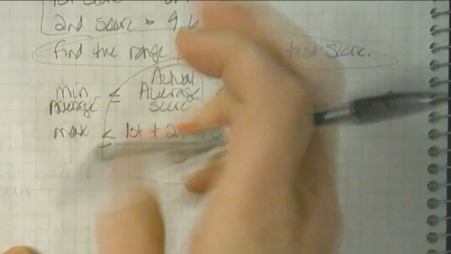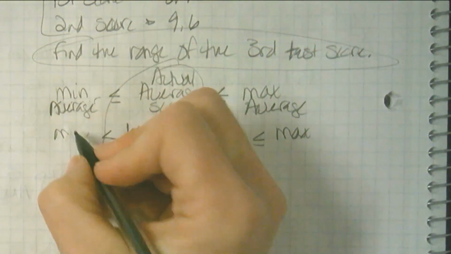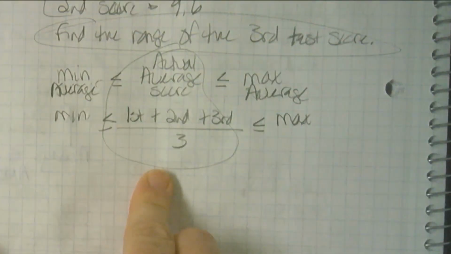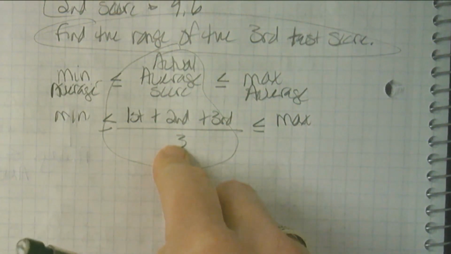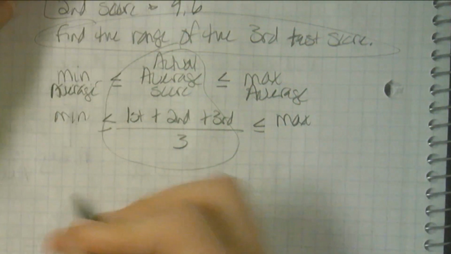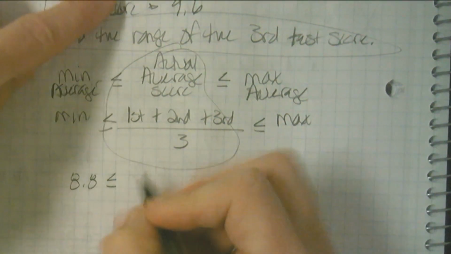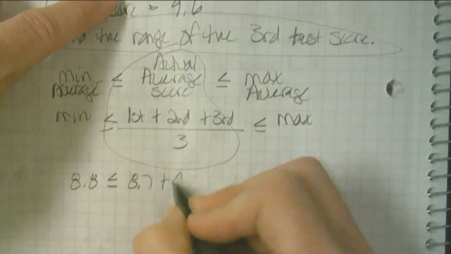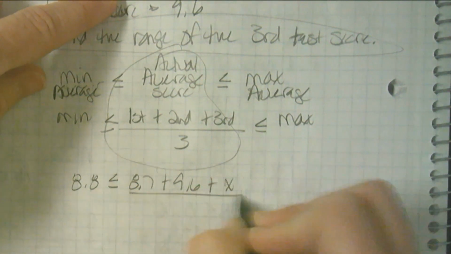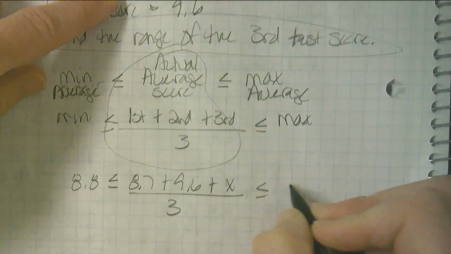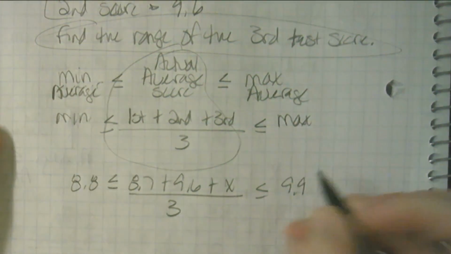So I've written a very general game plan, and now I'm writing a more specific game plan with the formula in there. So now my minimum is 8.8 is less than or equal to 8.7 plus 9.6 plus x divided by 3, which is less than or equal to 9.9.